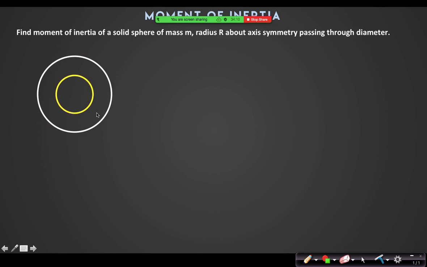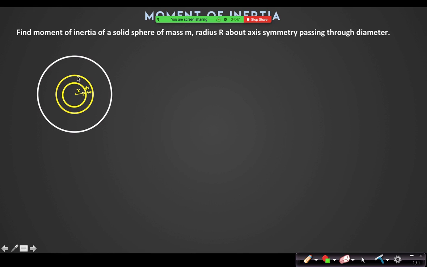If you take a hollow sphere like this, of some thickness, dr. Okay, let us assume this is a hollow sphere of radius r. So what is the shape of a shell? It's a concentric shell.